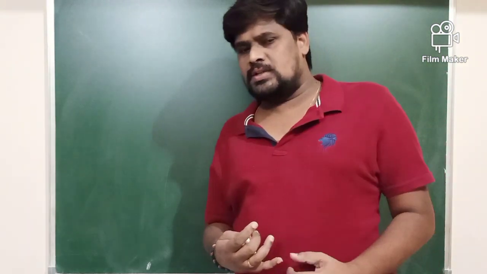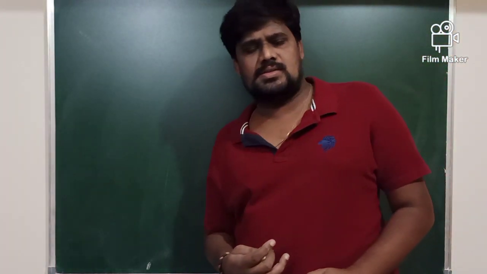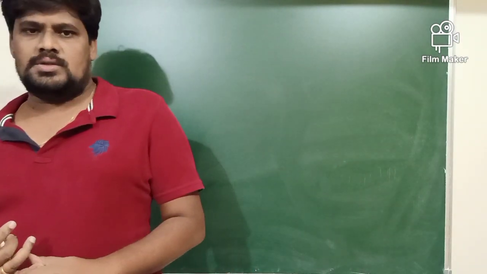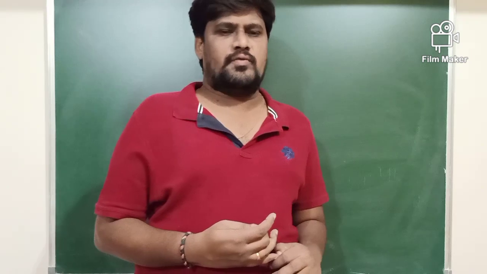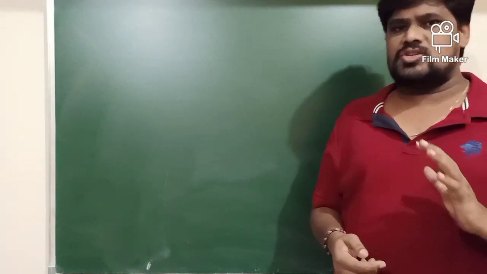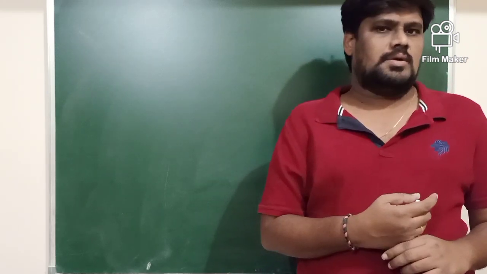I guess you know the three important applications of dimensional analysis. So the dimensional analysis is used for three purposes. The first application of the dimensional analysis is you can check the correctness of a given equation.